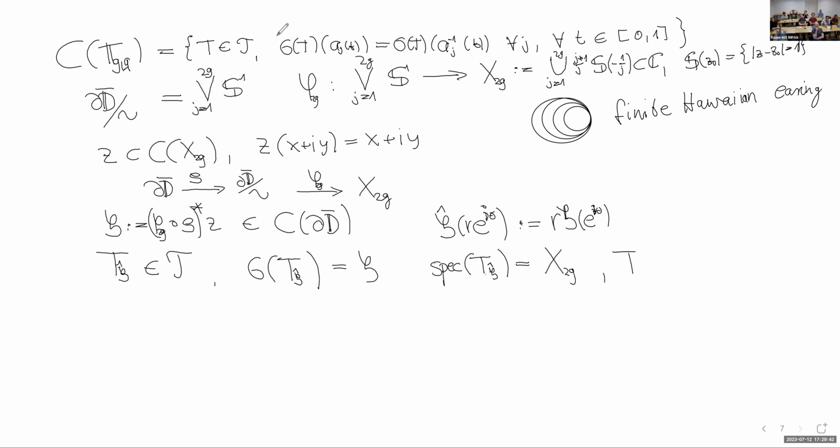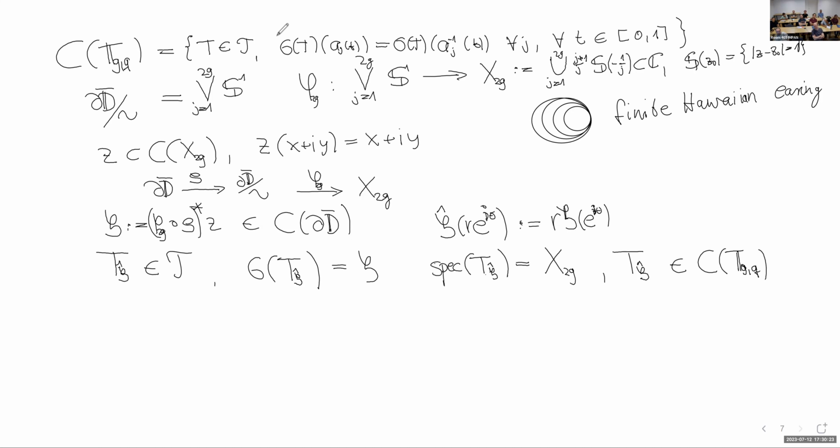So it is an element in C of the boundary, the algebra which separates points. Now we know that the projection of the Calkin algebra separates the points.